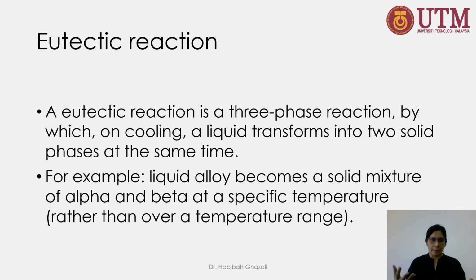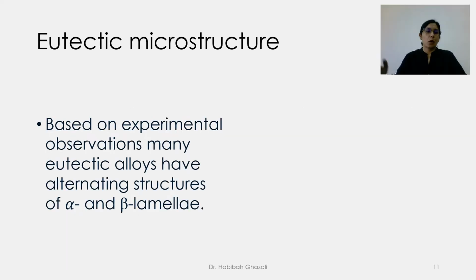So in this example, the liquid alloy consisting of 44% tin will become a solid mixture of alpha and beta at a specific temperature, rather than over a temperature range like the other types of alloy that we have discussed so far. Based on experimental observations, many eutectic alloys have an alternating structure of alpha and beta lamella.